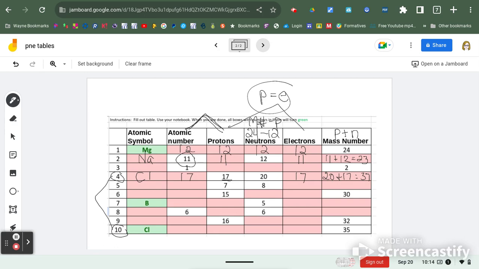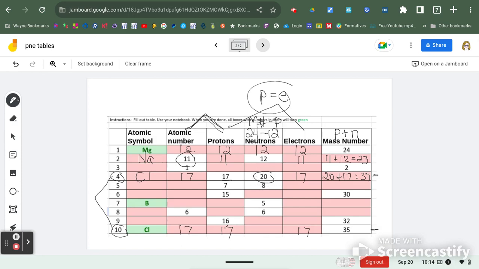Now the reason I'm doing 4 and 10 is because these are both chlorine. These are called isotopes of chlorine. So this is going to be 17. The protons are going to be 17. The electrons are going to be 17. But notice that this has a mass number of 37 and this one has a mass number of 35. That makes them isotopes. So this isotope of chlorine has 20 neutrons.